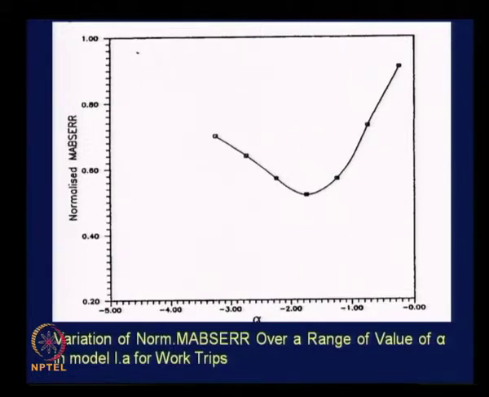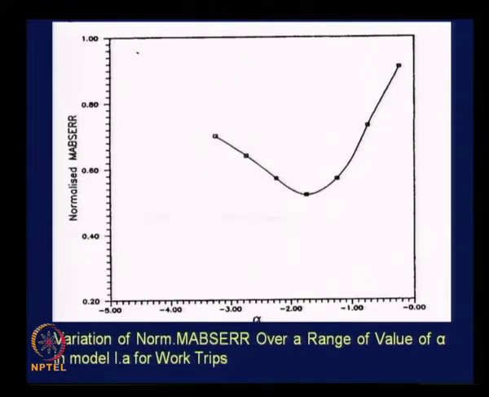And how do we choose the value of alpha finally? Our objective is to choose the right value for alpha, which is the parameter. Look at the y axis, normalized mean absolute error. We would like the error to be minimum, or obviously we must look for the alpha value with least error, isn't it?